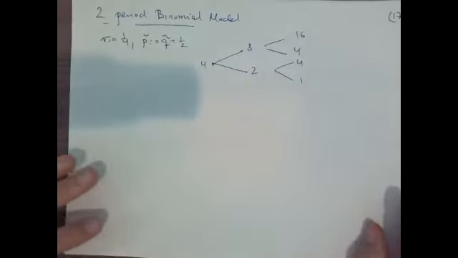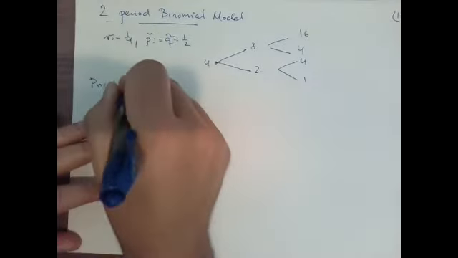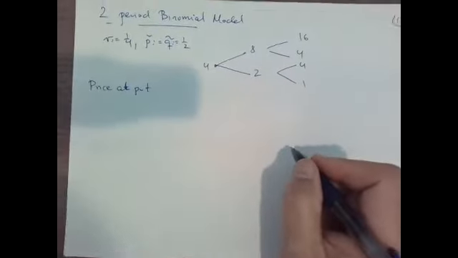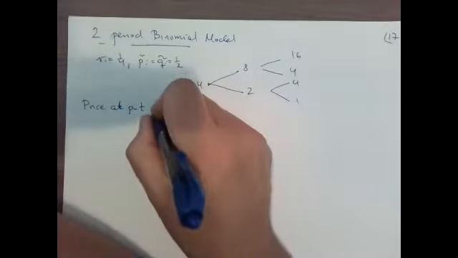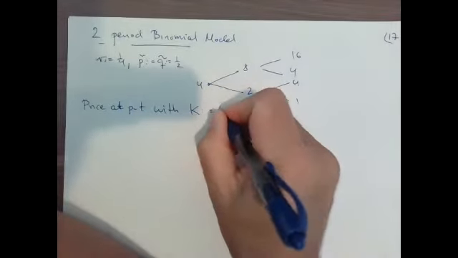Right, so what we want to do is we want to price a put with strike, say 5.